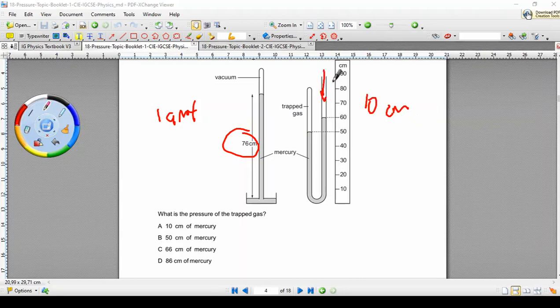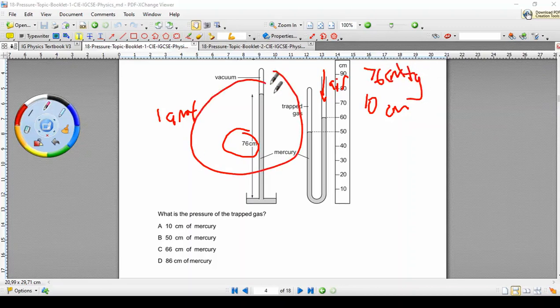So here is air, and air has 100,000 Pascal, or we can say that the air has 76 centimeters of mercury, because this is what we see over here.